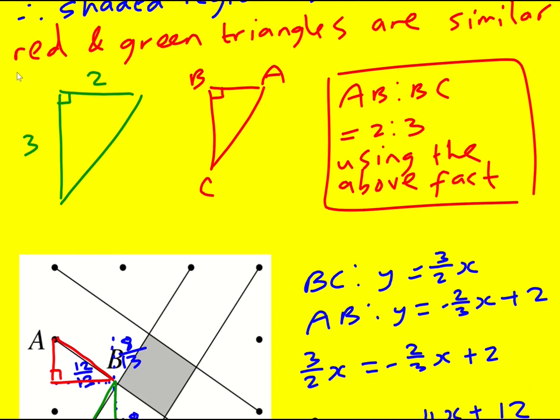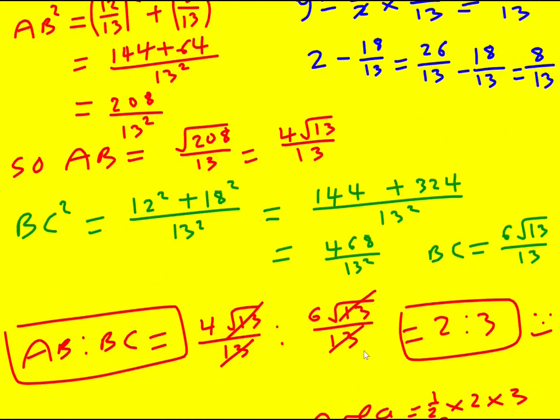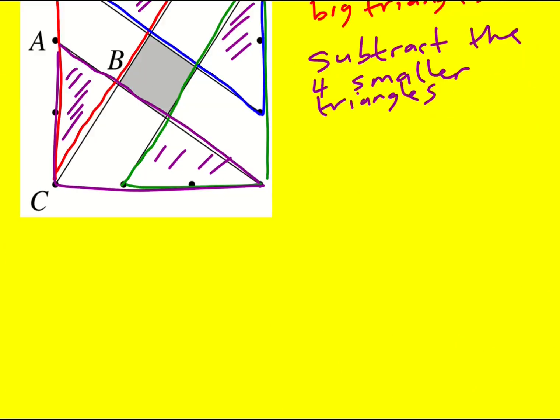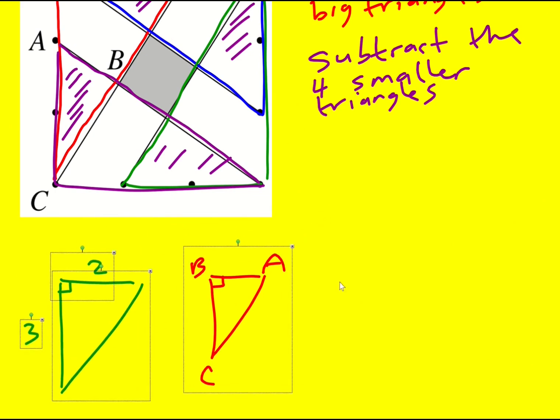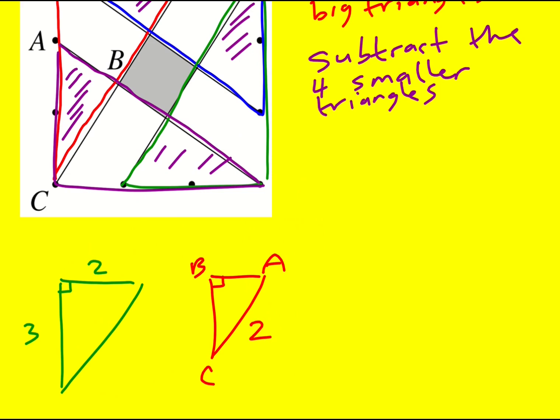Where did we have it here? Because we have one other piece of information, and that is that A to C is actually 2. So this is going to give us a scale factor.